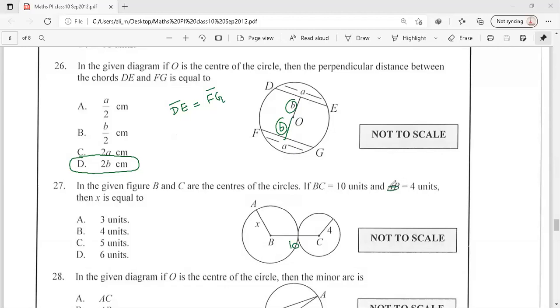This is not AB, this is the radius of the smaller circle, which is equal to 4. So from this point to this, it is equal to 4. And from this to this, it is the radius of the larger circle. This means that x plus 4 should be equal to 10. So the value of x is 6. The radius of the larger circle is 6. Option D is the right answer.